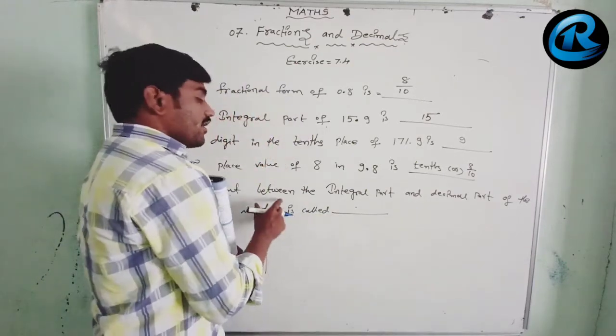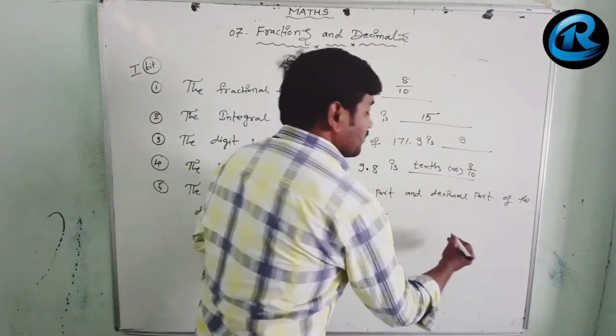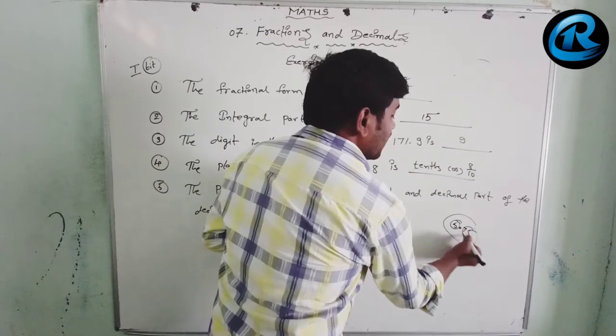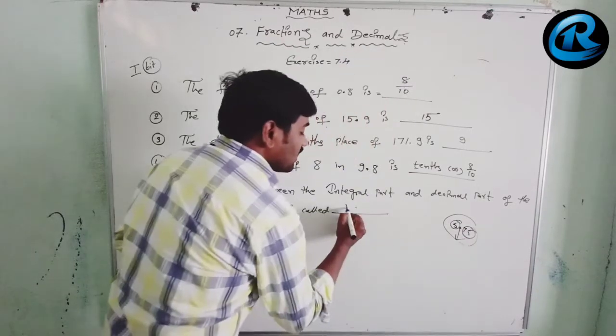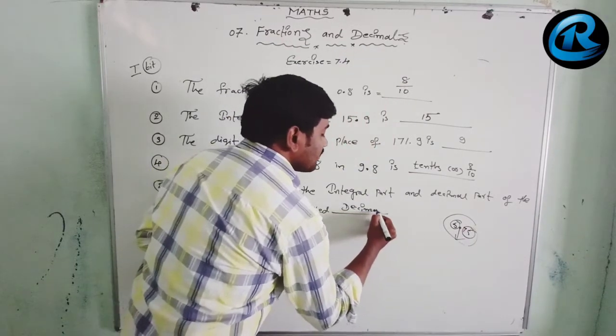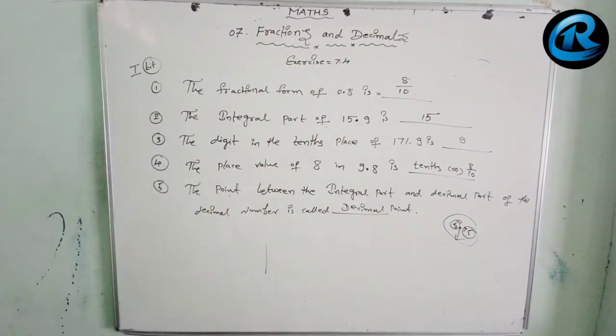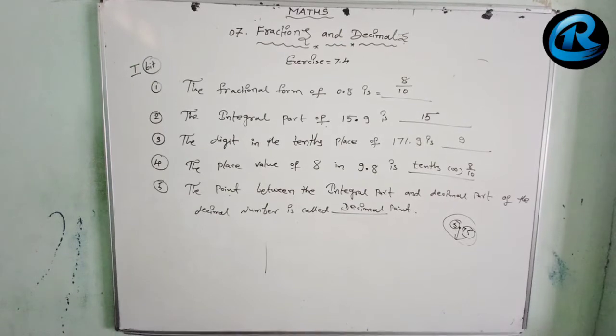That is, the point between the integral part and decimal part. This point is known as a decimal point. That is known as a decimal point. I hope you understood this.